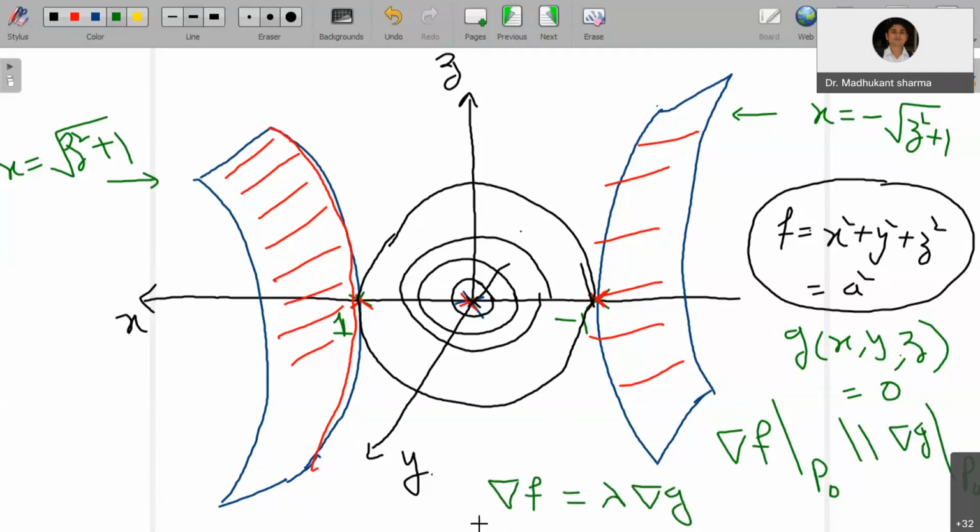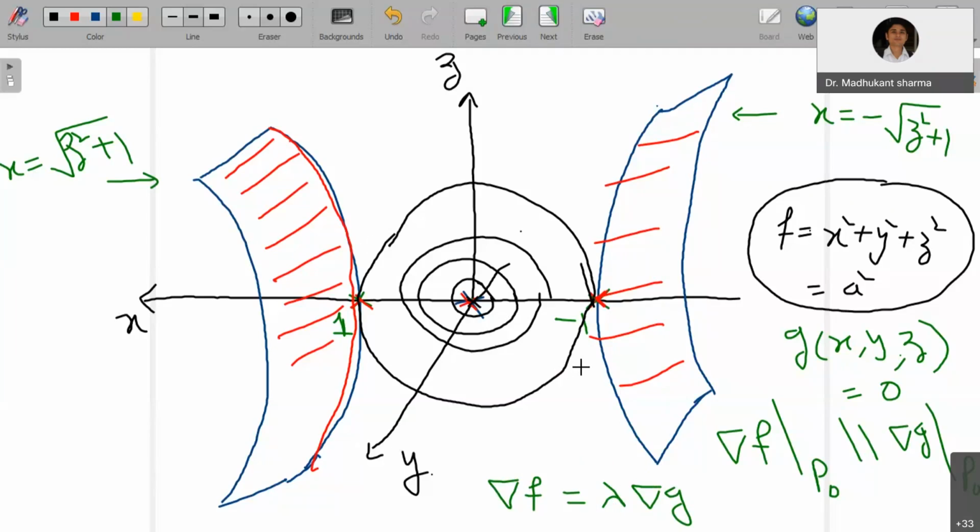That gives rise to solving the following type of problem, where this scalar lambda comes into the picture, which is known as the Lagrange multiplier. This is what the Lagrange multiplier method does. We will come back to this when there are multiple constraints. If you apply this idea here, it can be sorted out.